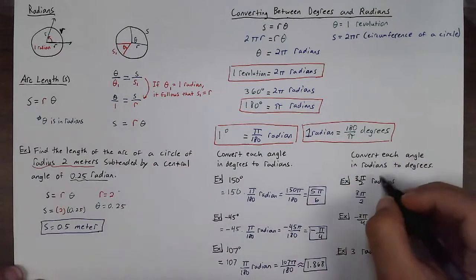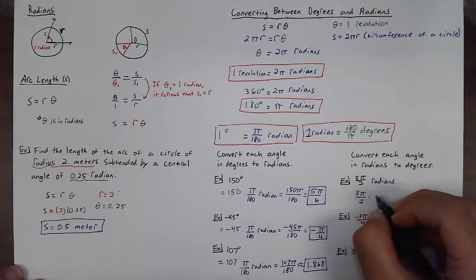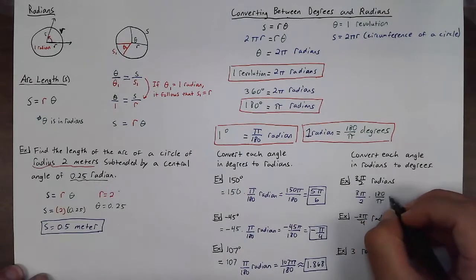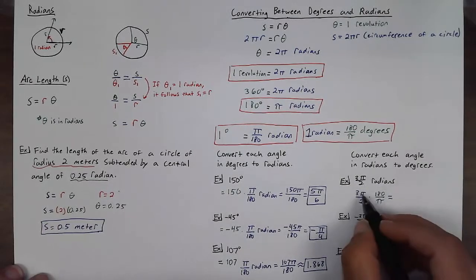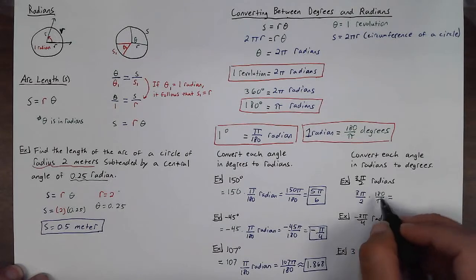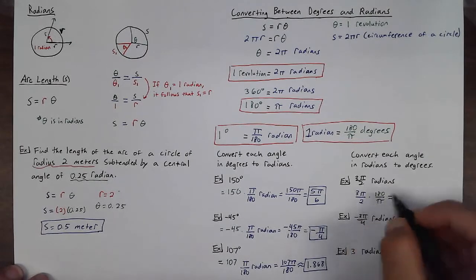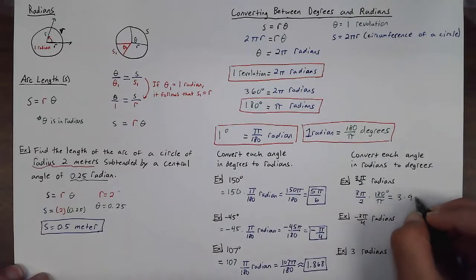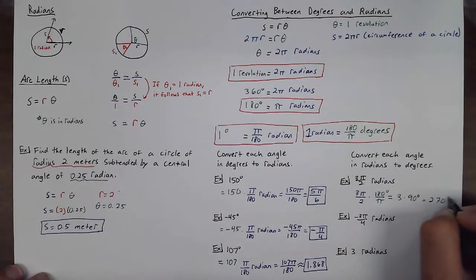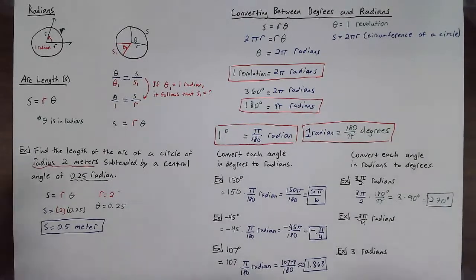So I can take that radian, change it to 180 over pi, and now the pi's will cancel. I can do 180 divided by 2, and I'll get 3 times 90 degrees, which gives me 270 degrees. So 3 pi over 2 radians is the same thing as 270 degrees.